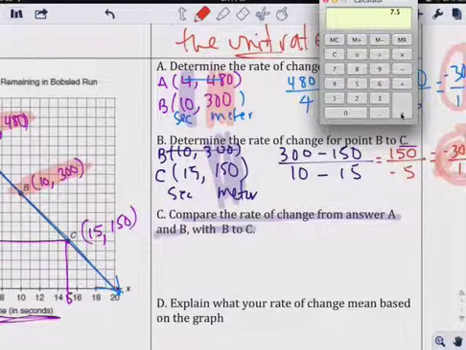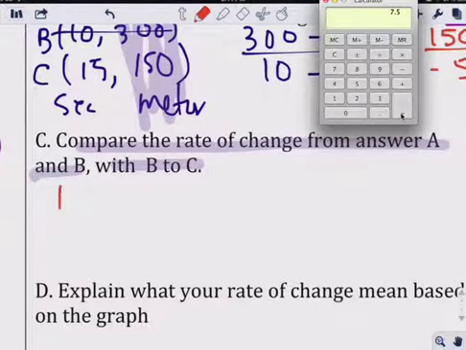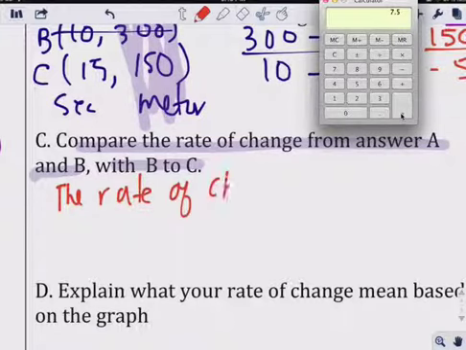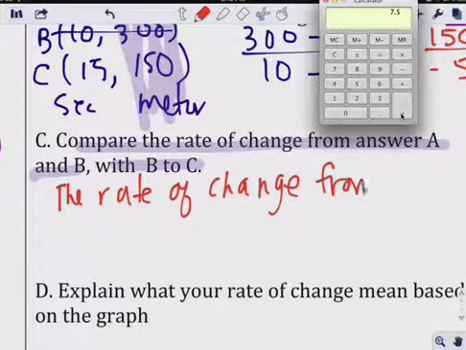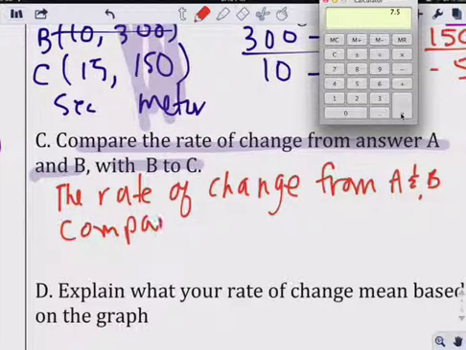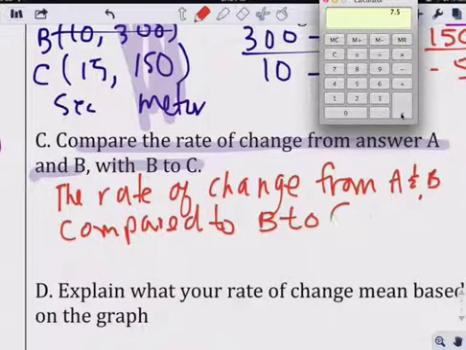We say the rate of change from A to B compared to B to C are the same.